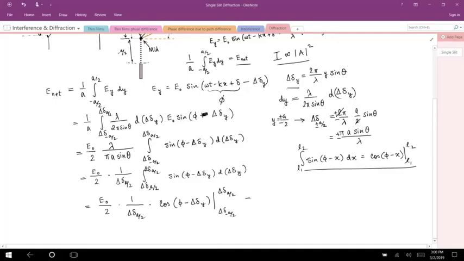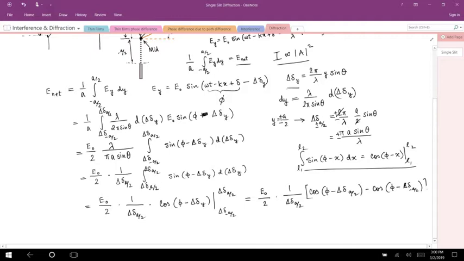Okay, so let's plug in, and so we will get E0 over 2 times 1 over delta delta a over 2 times cosine of phi minus delta delta a over 2 minus cosine of phi minus delta delta of minus a over 2.